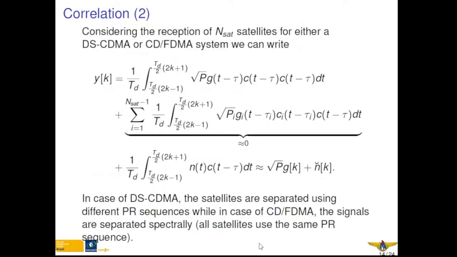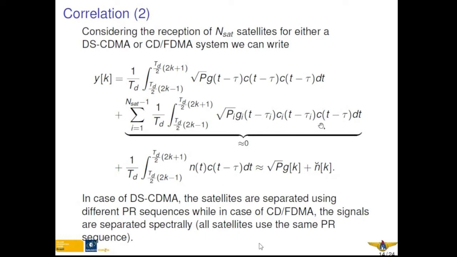Now we can introduce also the other satellites. This was correlation with only one satellite signal and noise. So here we have again the satellite that we're interested in, with the spreading sequence C. We are using the model of C to correlate, and then we have also NSAT minus 1 other satellites with different pseudo-random sequences, CI.